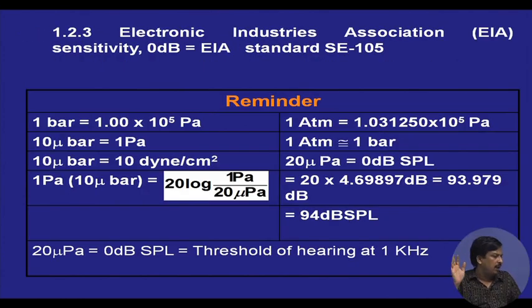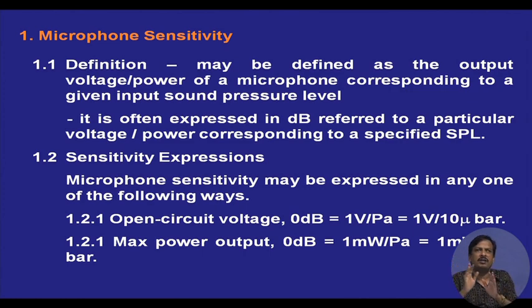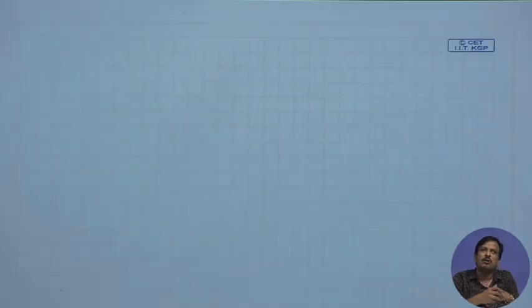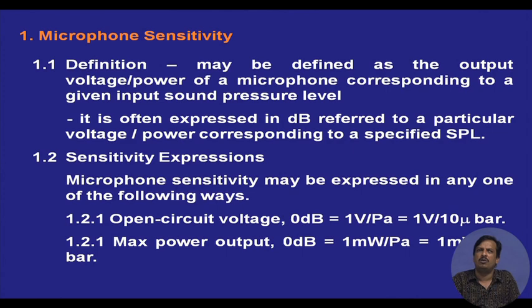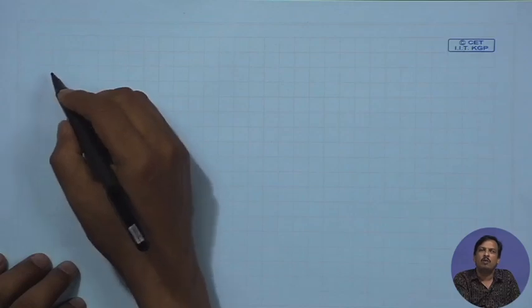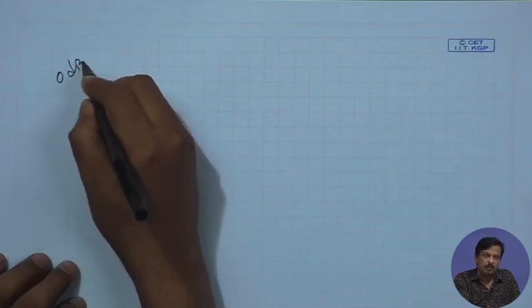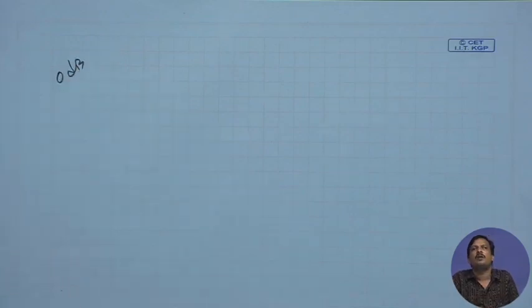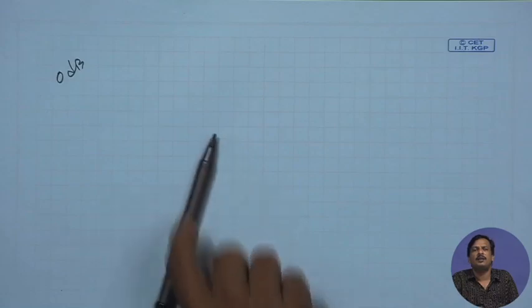So, as per the EIA definition, the sensitivity of a microphone is defined by the voltage produced by the microphone for a given 1 Pascal sound pressure; this is called 0 dB voltage sensitivity. What is the meaning of that? Suppose this is my microphone.